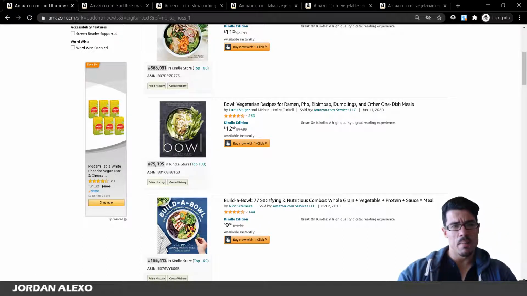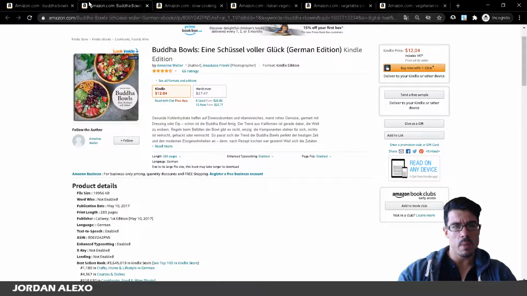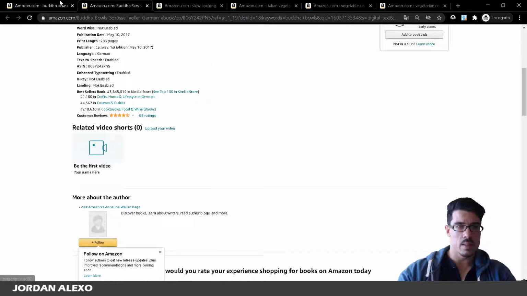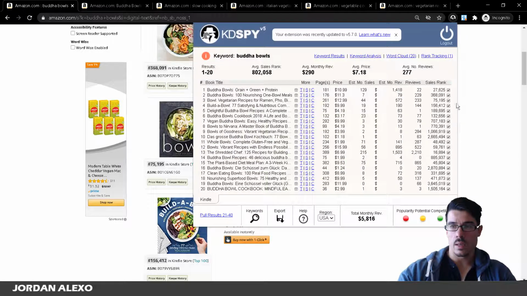Since this is the American Amazon store, people are searching for books in English, so they won't purchase this book in German. Actually, the cover looks pretty good, and it has a good review rating, but it's in German. Most people in the Amazon store, in this case, are Americans and want a book in English, so this book won't sell well. Therefore, what you should do is just go over here and remove it, just like this.